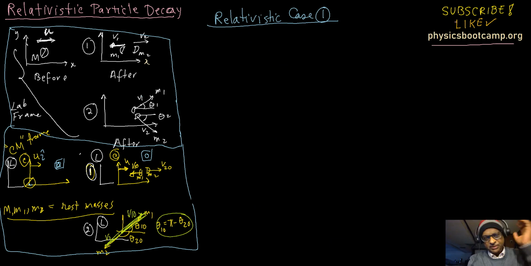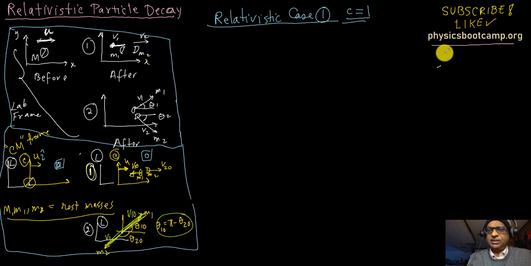So when we're doing relativistic calculation, we really don't go into half mv square, things like that. So in the relativistic calculation, I'm going to set speed of light equals to 1 for the formula to become simpler.